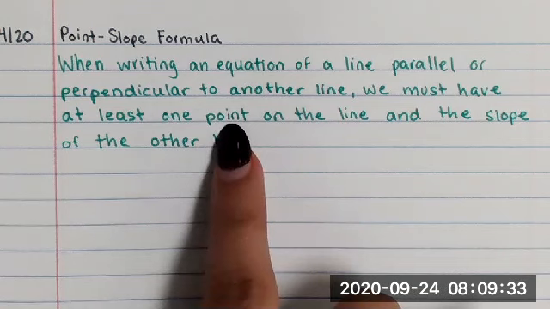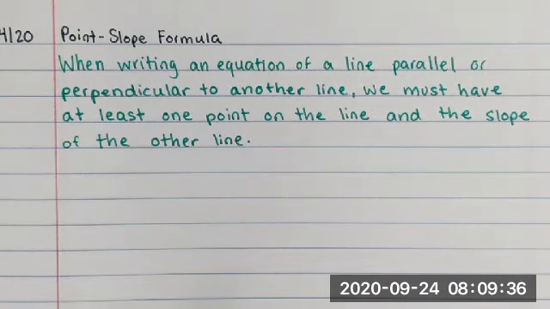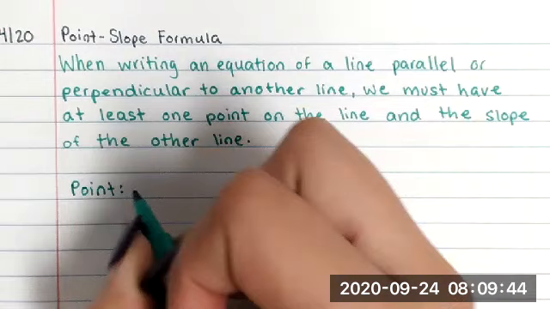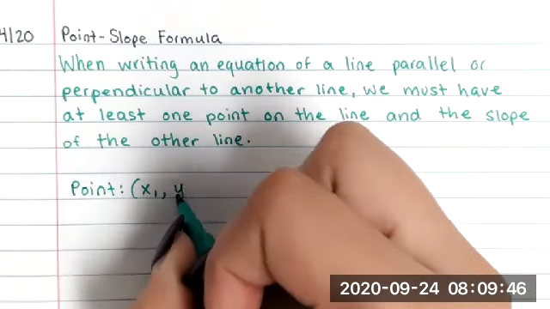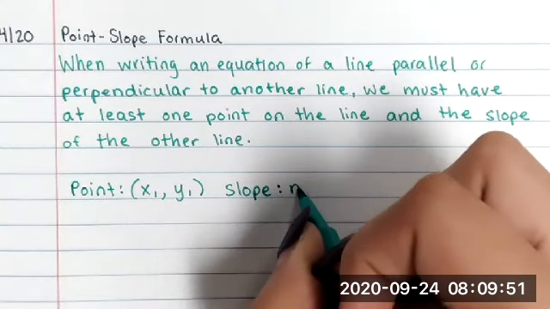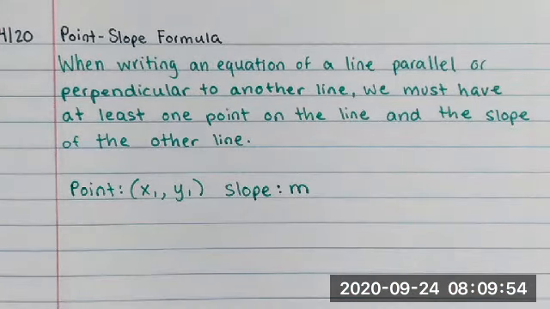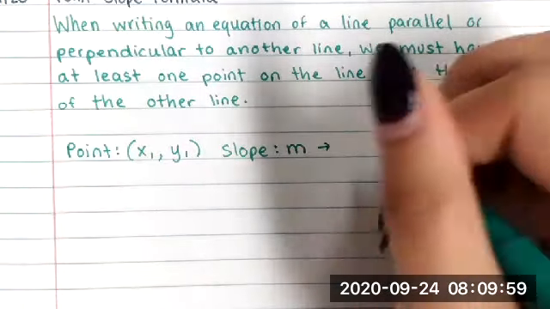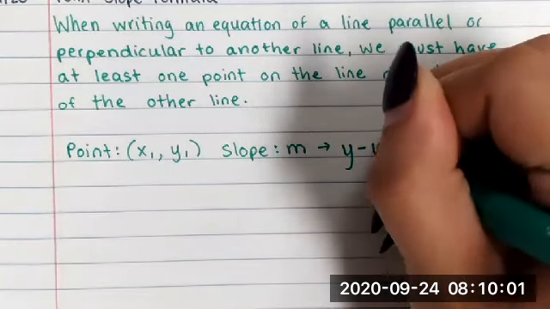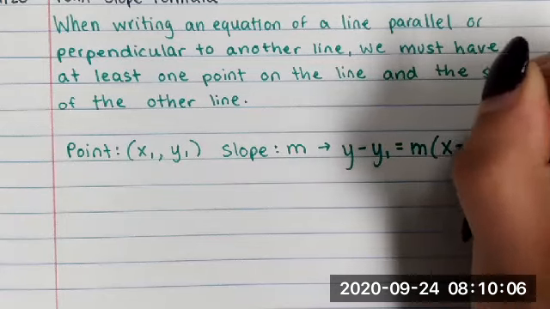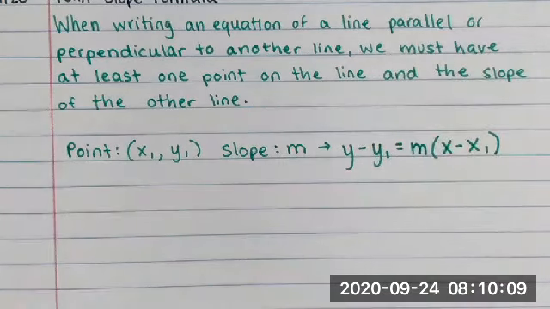So at least one point on the line would be our x1, y1, and the slope would be our m. And we write the equation using point slope formula, which is y minus y1 equals m times x minus x1.